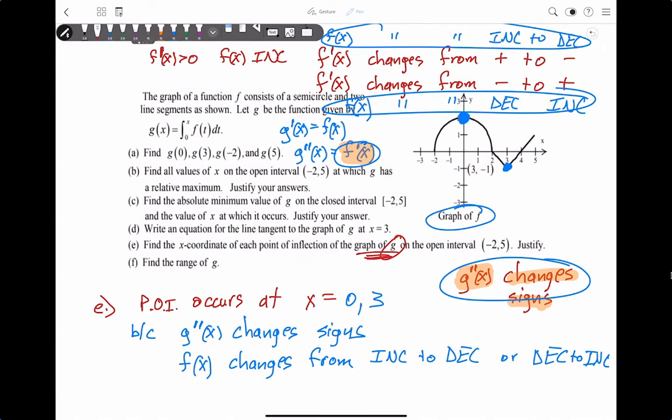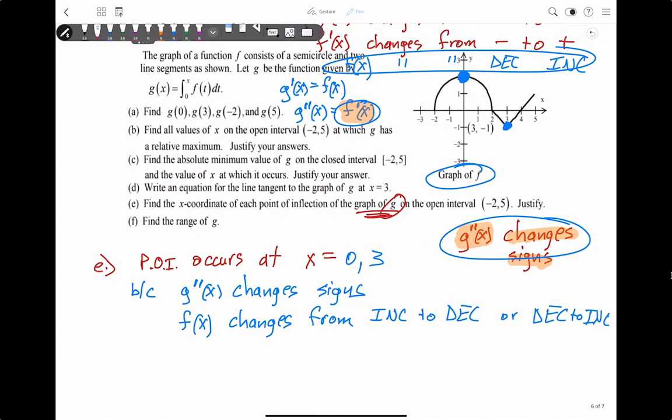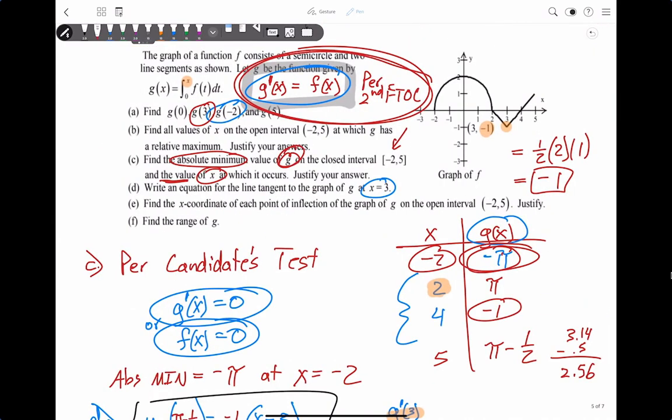All right, so now let's find the range of g. The range of g is going to come from -2 all the way to 5. If we were to list out all those y values, we have them way back here: -2, 2, 4, and 5.